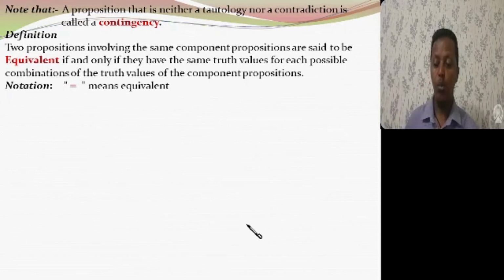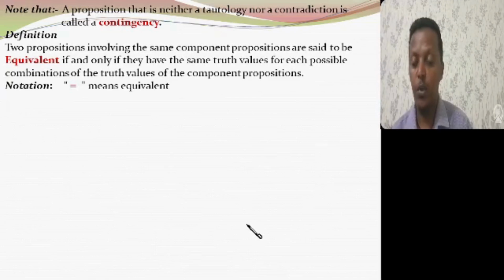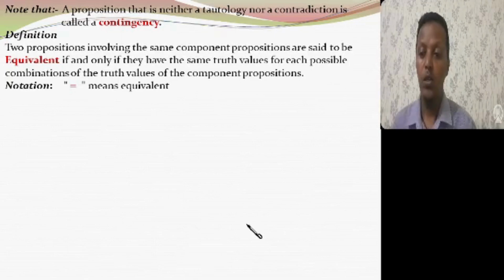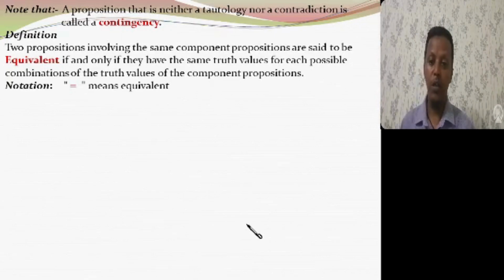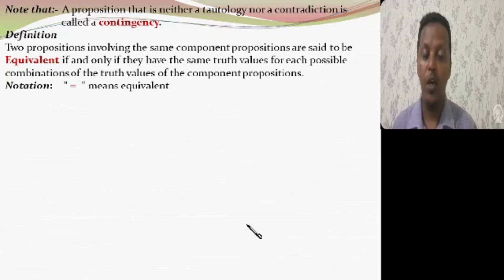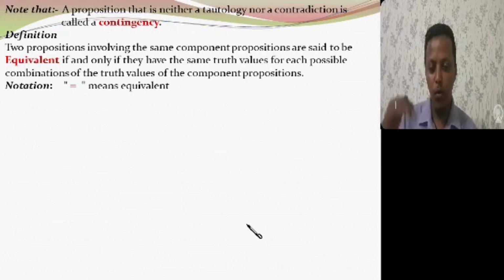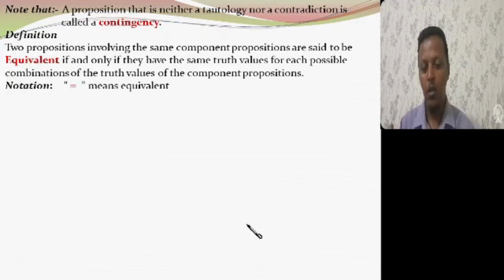And the other important definition we need in propositional logic is the definition of equivalence. So two propositions involving the same component propositions are said to be equivalent if and only if they have the same truth value for all logical possibilities. In case you have 4 possibilities, for all, we must have what? The same truth value.